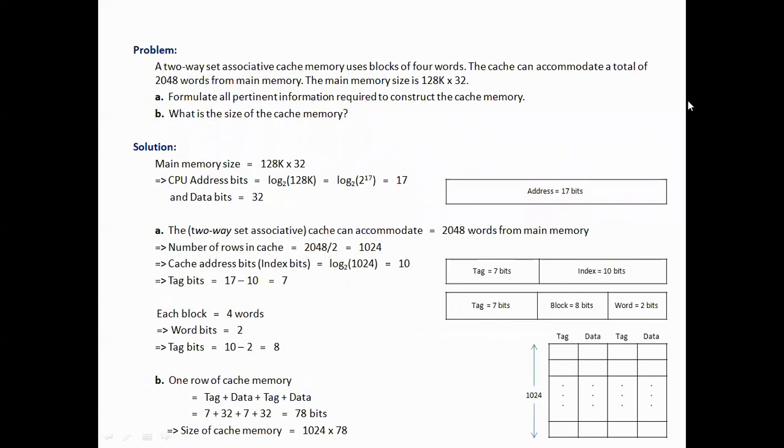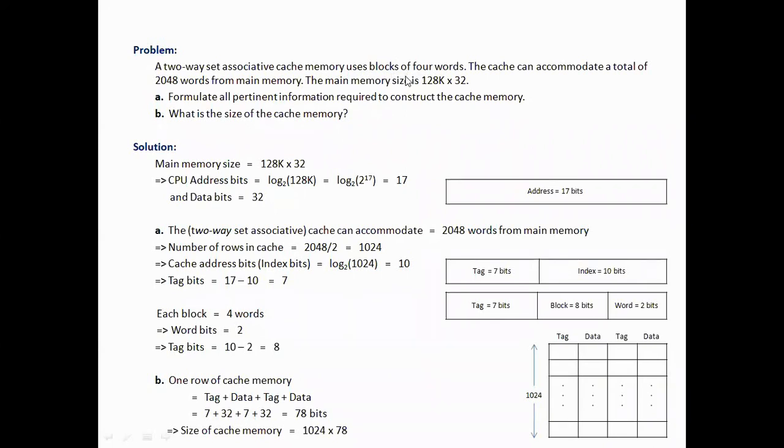Let us take a numerical problem which is related to set associative mapping. So the problem says a two-way set associative cache memory. So it is given that it is a two-way. That means the cache memory will have a tag and data in one row, and it is given that it uses blocks.